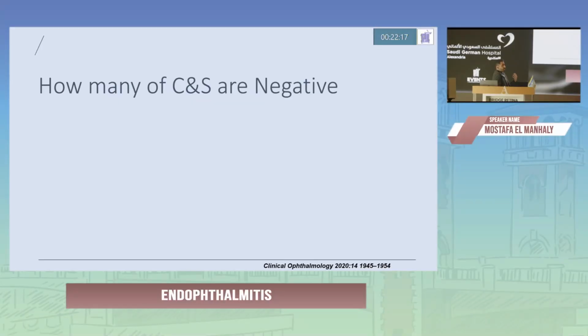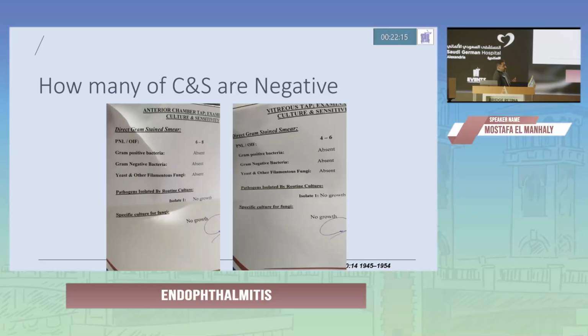Dr. Suka, how many of your culture and sensitivity results do you get negative, from the AC or the vitreous sample? 50 to 70% of them. And how do you proceed if you don't have a clinical evaluation of the antibiotic used and the response of the patient? Do you keep injecting the broad spectrum fortified?